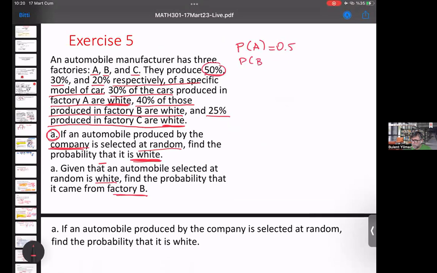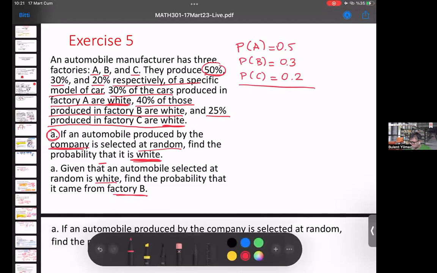Probability of B being equal to 0.3. Probability of C being equal to 0.2. So this is something that we can write in the first step by obtaining the information from these sentences.